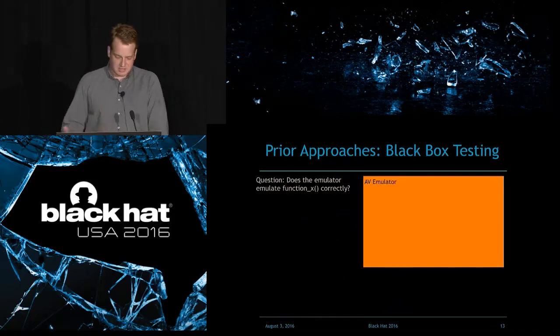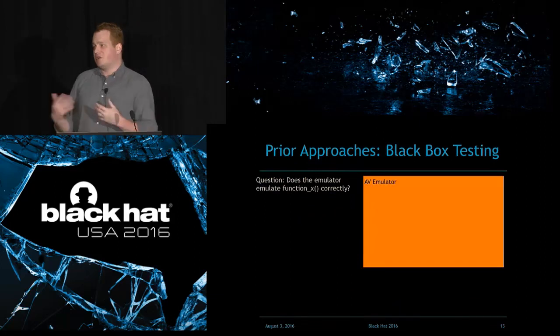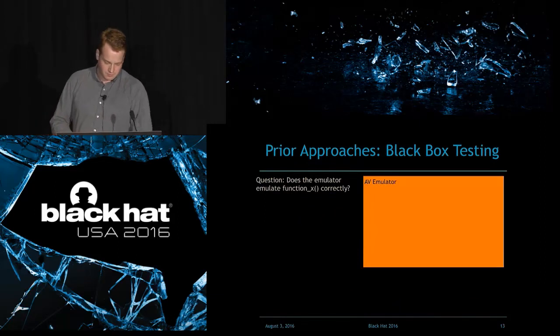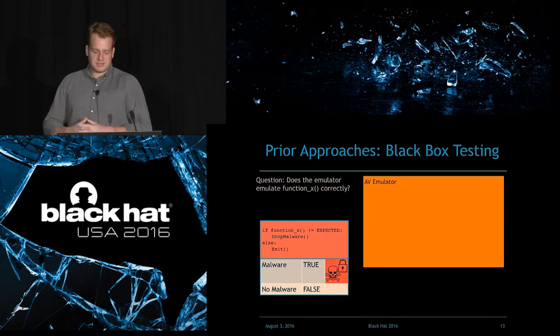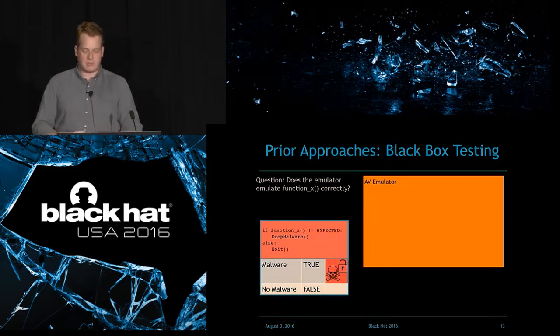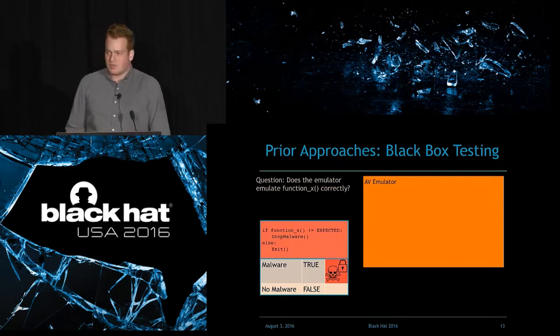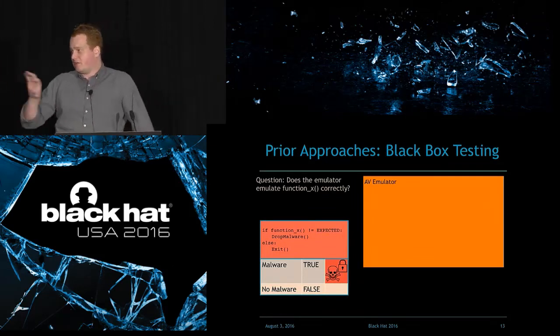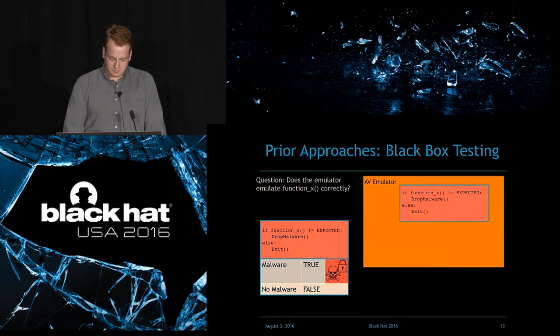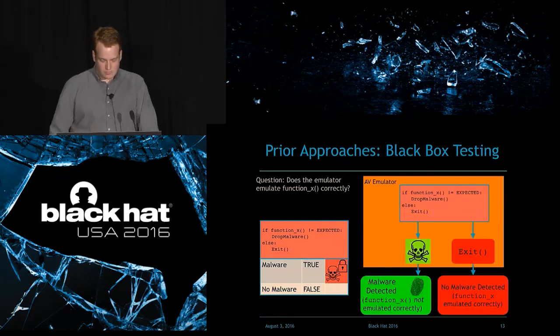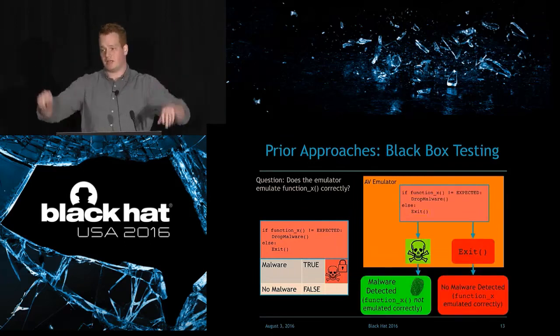And what these approaches look like is this. Begin with a question like, does this emulator emulate some arbitrary function X correctly? And then they'll create code that says, if it ran function X correctly or didn't return the expected value, I'm going to drop malware. Else I'm just going to exit. And you keep some encrypted piece of malware mapped to true and no malware to false. And you put this in the AV, and you choose either to drop malware or not drop malware.